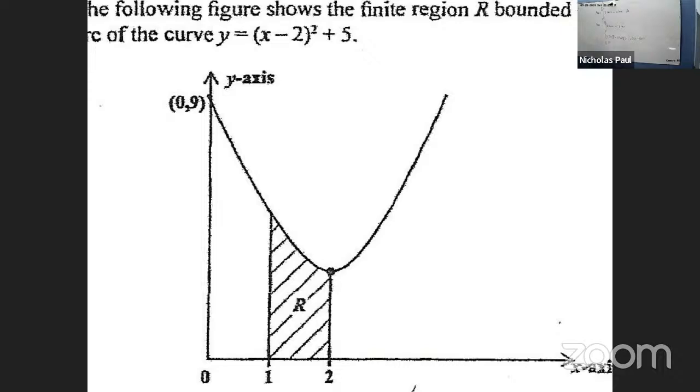Right, x minus 2 squared plus 5. There's something you have to do before you start to integrate it.